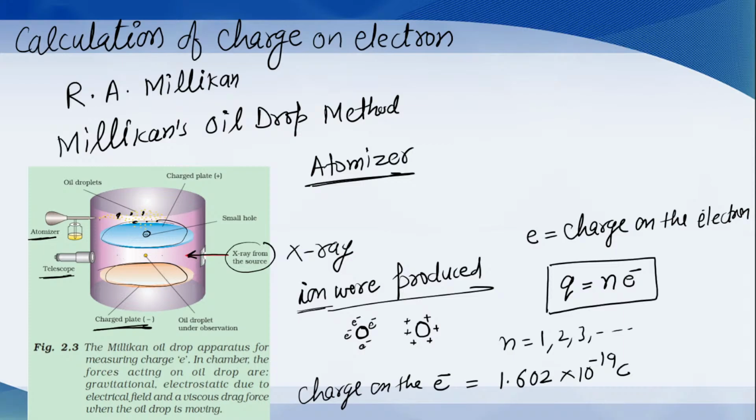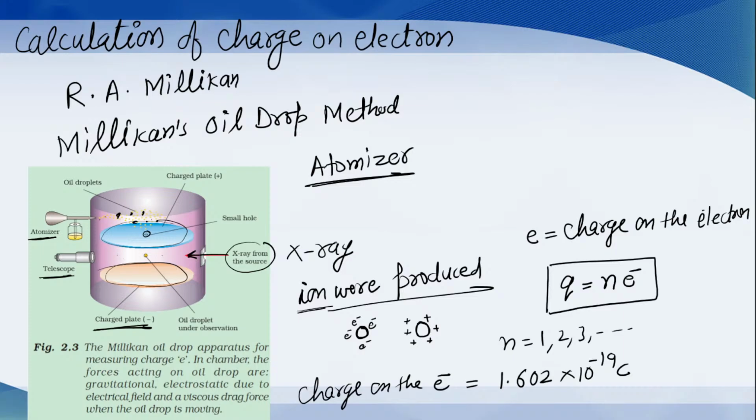Now, when X-rays were allowed to enter the chamber, they ionize the air inside the chamber, and therefore, because of this ionization, those oil droplets got charged, either negatively or positively.